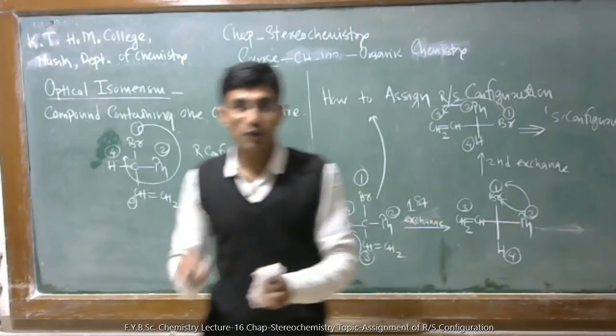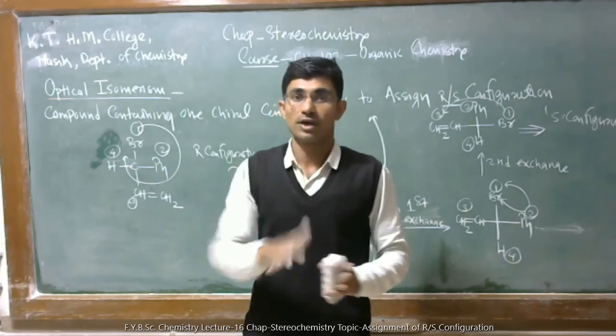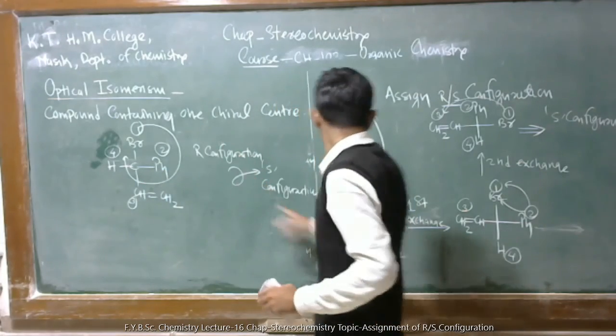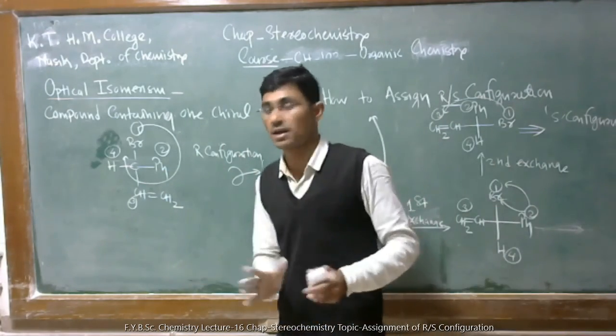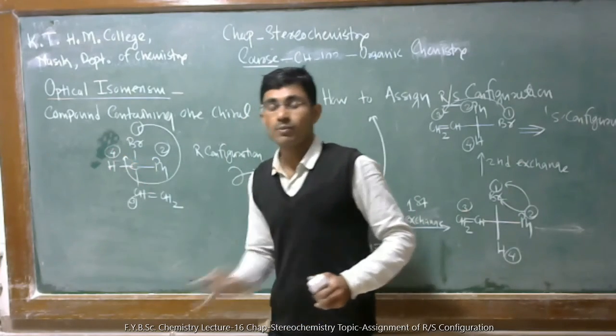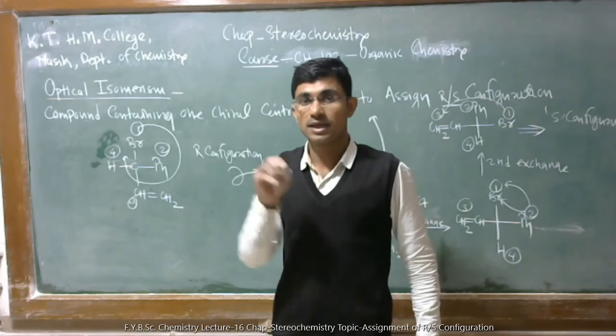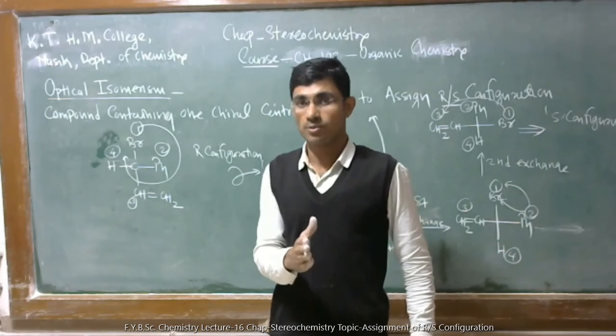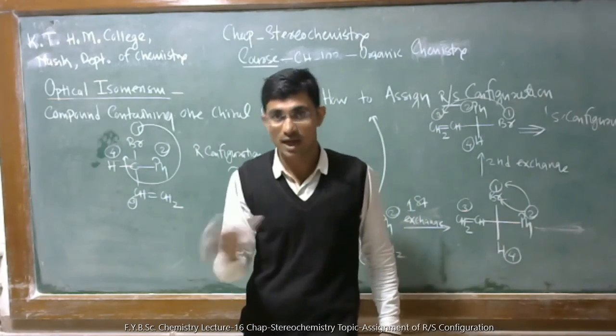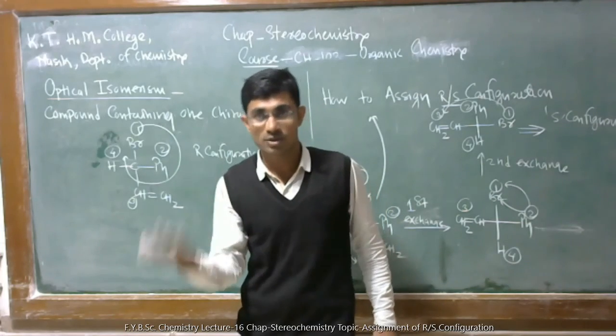When the lowest priority group is on the horizontal line, you have to invert R to S configuration. So the answer is S. Both methods will get the same answer. But when the fourth priority group is not on the horizontal line, that time if the R configuration comes, that R configuration remains as it is, or the S configuration remains as it is.